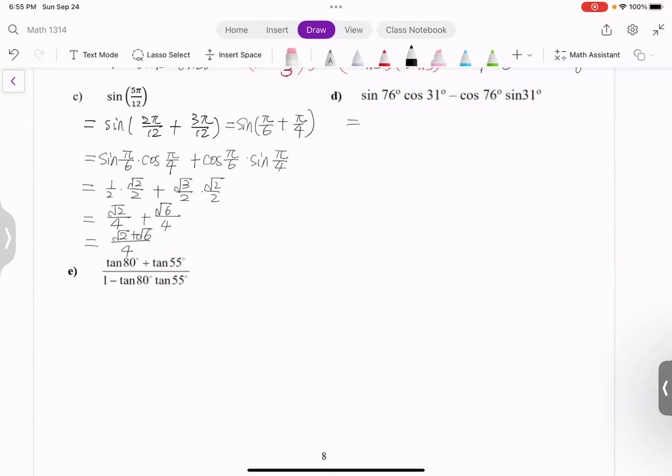So I can rewrite this one as sine A times cosine B minus cosine A times sine B. Yes, it is. So this is sine of A minus B. Okay, I do the substitution. So this is sine of 76 degrees minus 31 degrees. This is sine 45 degrees. What is sine 45? Square root of 2 over 2. So this is the solution.